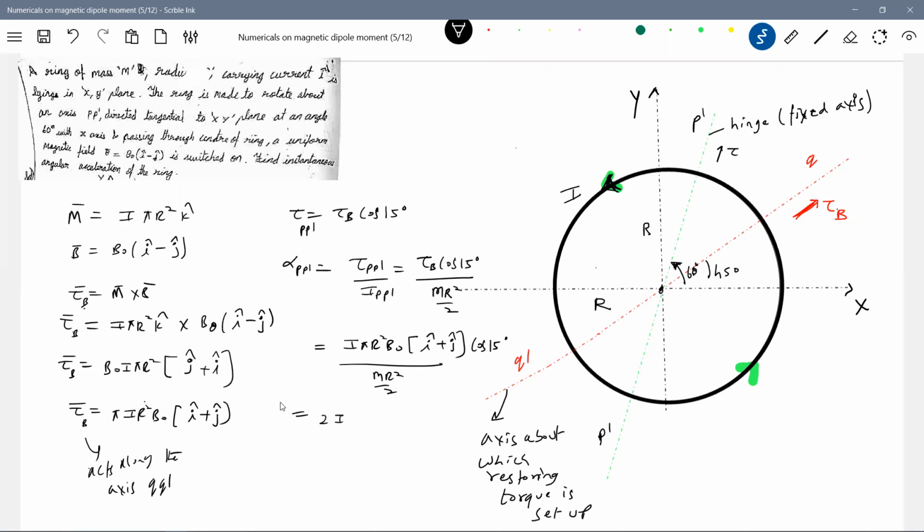So 2 I pi B naught by m. Anybody, cos 15 value? 0.96, into 2.